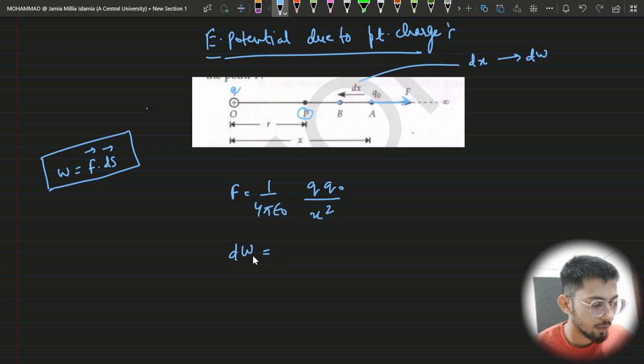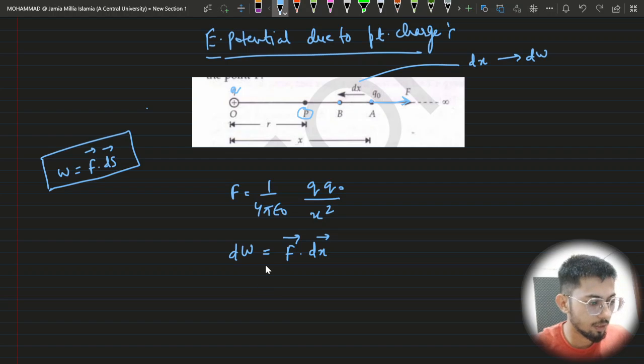So we can find dW as F dot dx. This is from class 11. Now this dx is in the A to B direction, and this force is in the opposite direction, so there is a 180-degree angle.